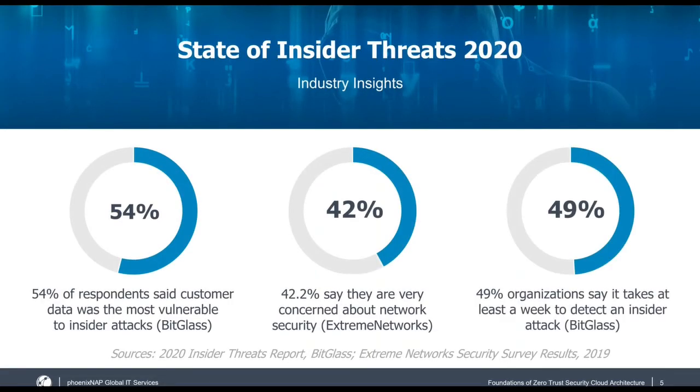All right, so what does this look like? I mentioned insider threats. I think my team put this in here because there's really a lot of research going on right now around the growth in insider threats due to COVID and work from home and change in lifestyle or income.